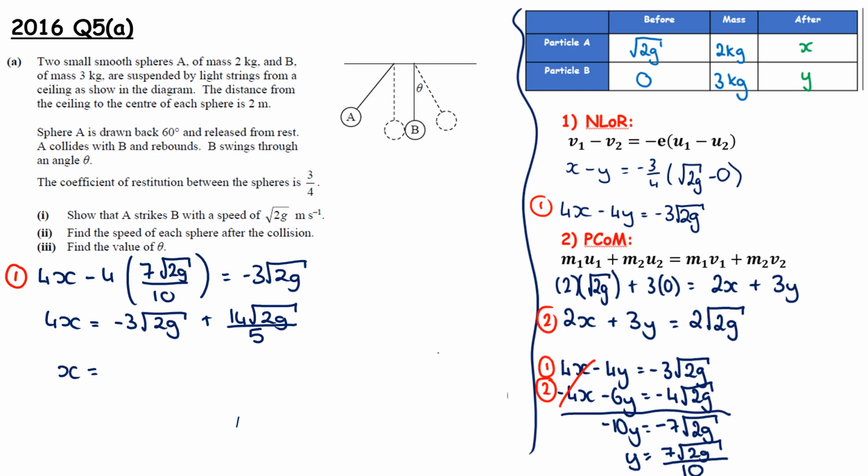Cleaning that up, we've got 14 minus 15, and that works out as minus root 2g all over 20. Now we can write these just as decimals so we have a bit more sense of what's going on. So 0.22 meters per second. They did say speed, so anytime they say something like that, I will be saying put it into decimal, just to be safe, you have both of your answers there. So that's the answer to part 2.